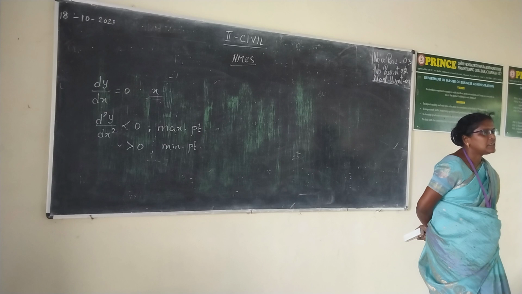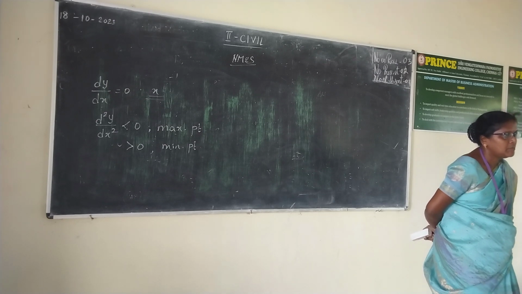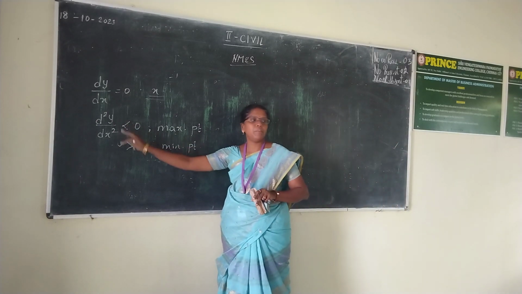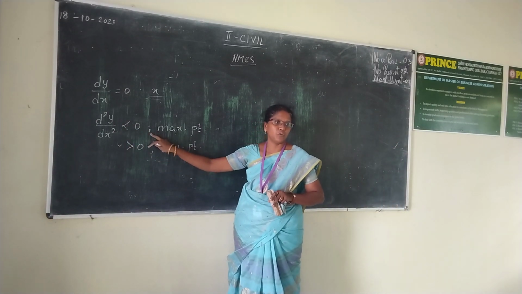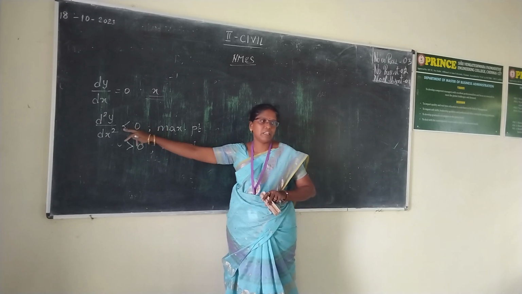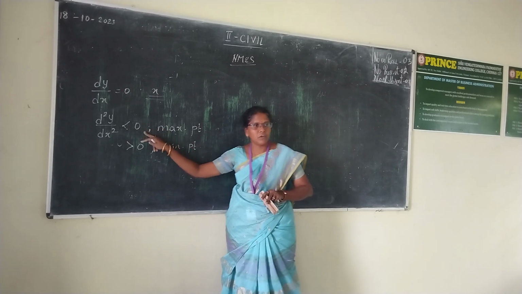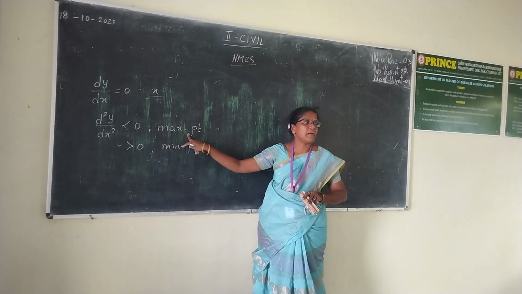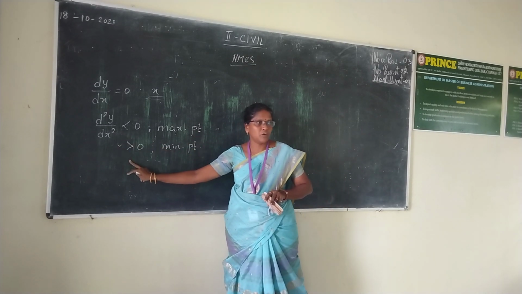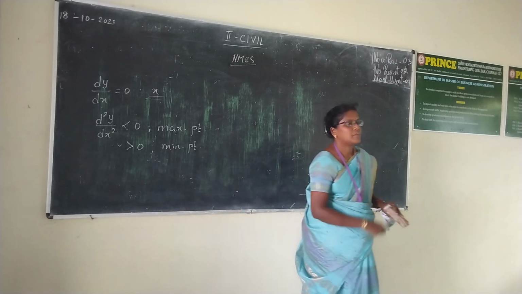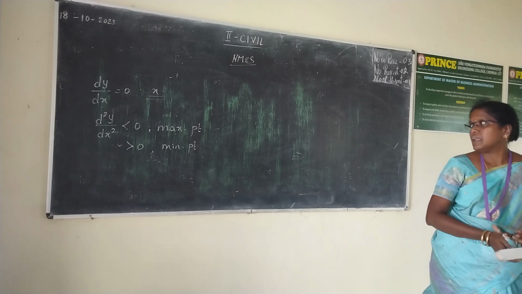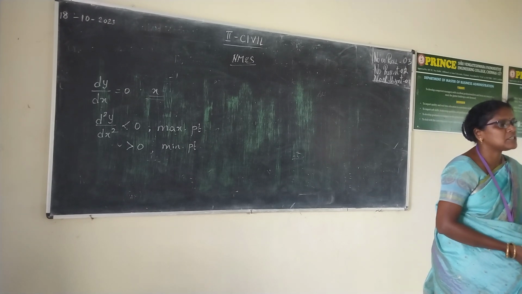Next line: if d square y by dx square is less than 0, then the corresponding point is a maximum point. If d square y by dx square is greater than 0, then it is a minimum point. Less than 0 maximum point, greater than 0 minimum point.